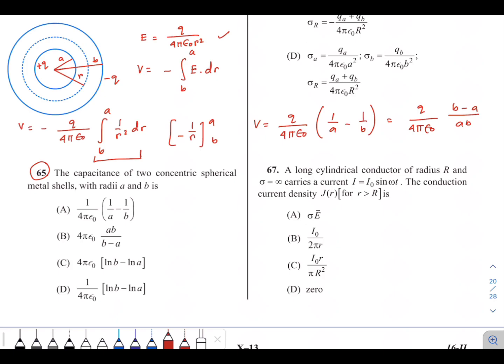Now the capacitance C is given by q divided by V, which is equal to 4 pi epsilon naught ab divided by (b minus a). So option B is the correct answer.